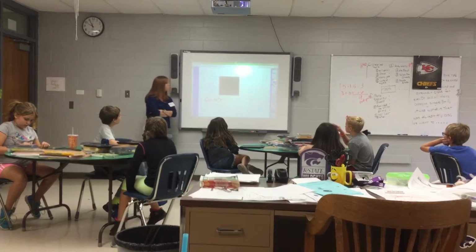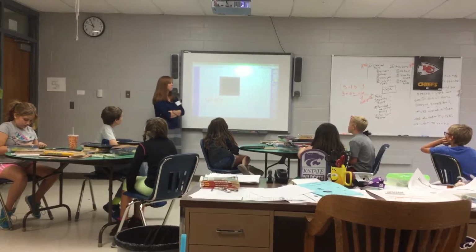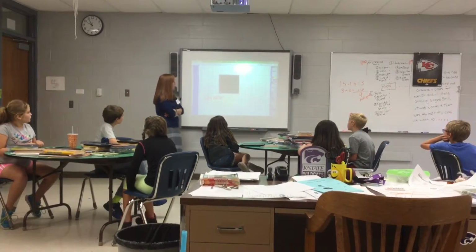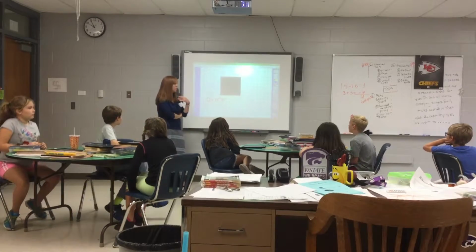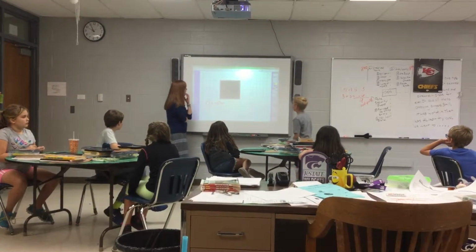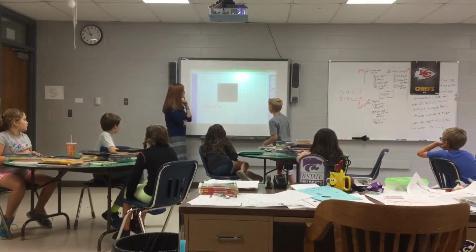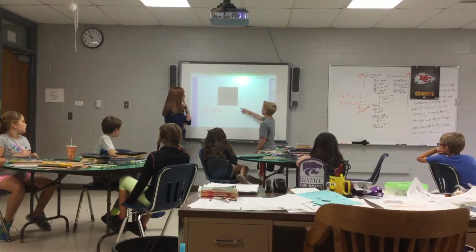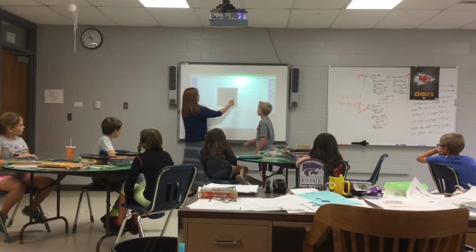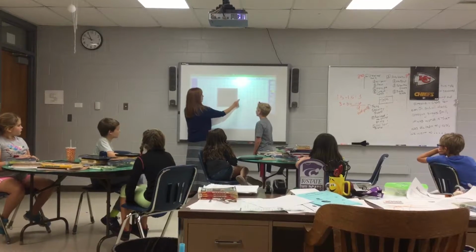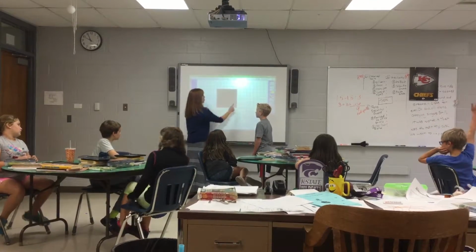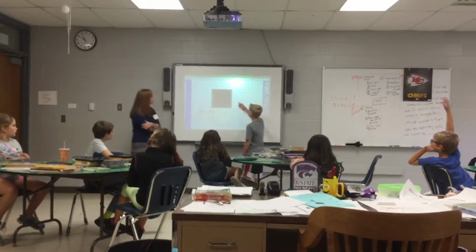Okay, each square equals 1 foot. 6. Okay. 6 what? 6 feet. Where's 6 feet? Come show me. Where are you getting a 6 from? Let's count. 6, so we need to write 6 feet right here.